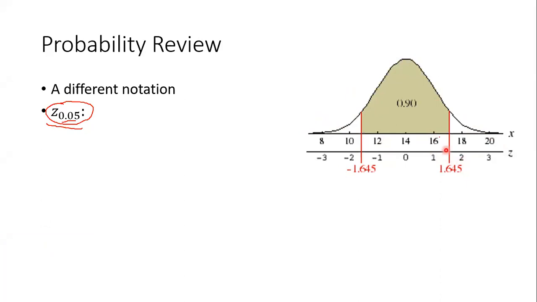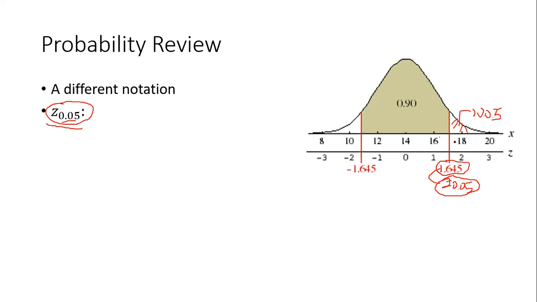So what you do is just look at this number, which is 1.645, and the area here is 0.05, and this value is 1.645. So this value is equal to z sub 0.05. This is the z value, which is equal to 1.645, which leaves an area of 0.05 to the right. So what does this mean?